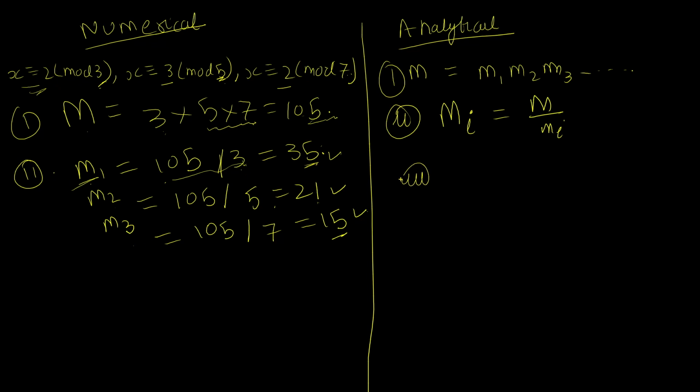Let's look at step 3. The third step is going to be finding the modulo multiplicative inverse of all of these capital Mi's mod their respective small mi's. That is the same as asking capital Mi times what leaves a remainder of 1 when divided by small mi. This comes from the definition of modulo multiplicative inverse.